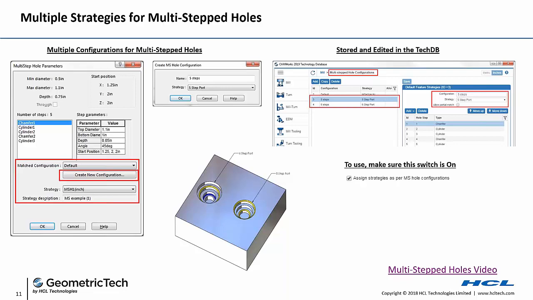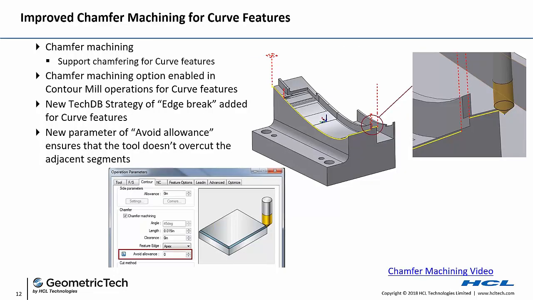Another great new enhancement is we have improved the chamfer machining for curve features. We can now chamfer machine, and it's available for curve features within the dialog box, so that you can chamfer or deburr, cut the edges of curved features as well, both 2.5 and 3D curved features.